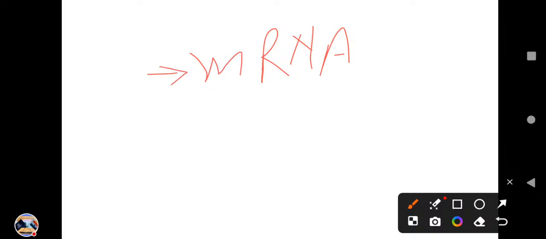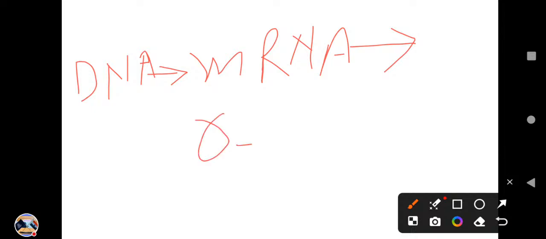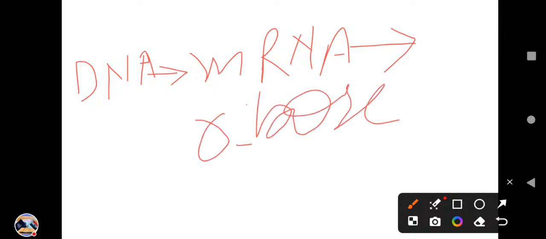You can simply understand it like this: mRNA carries genetic information from DNA, and this information is transferred by mRNA to the ribosome for protein synthesis.